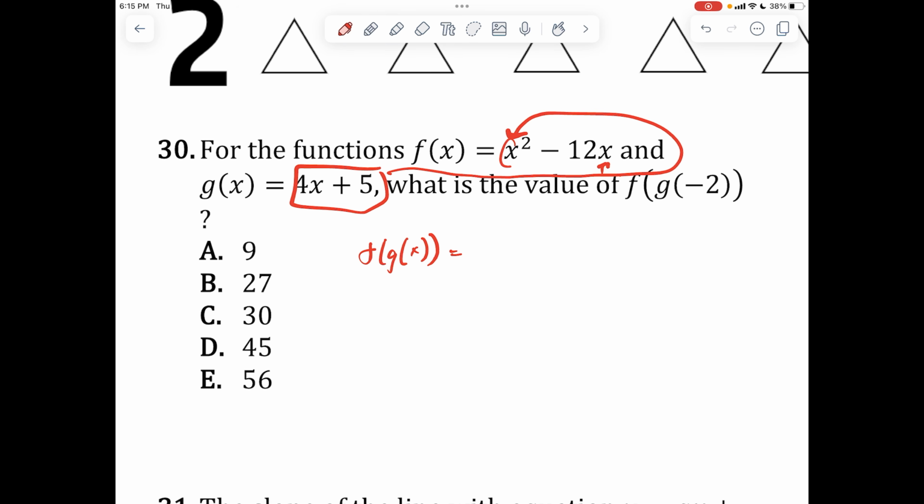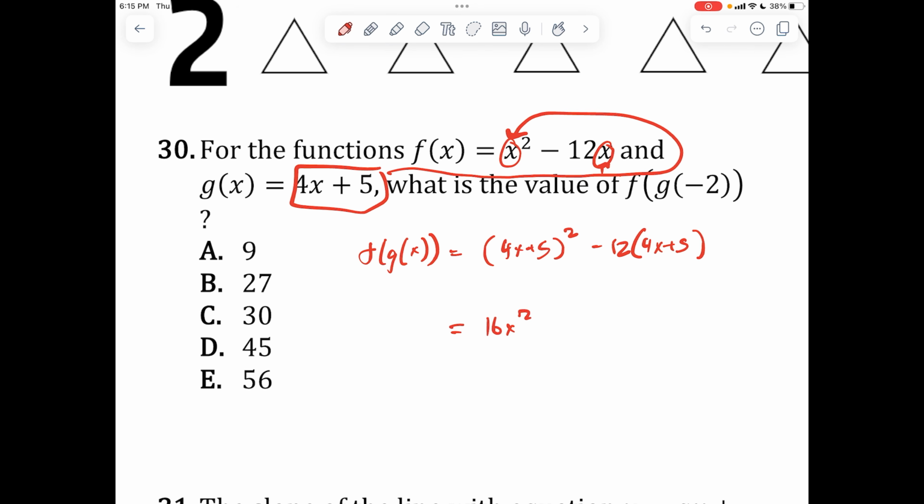So instead of x, I'm going to have 4x plus 5. And instead of x, I'm going to have 4x plus 5. Let's just write out what that looks like. It used to be x squared minus 12x, right? Now it's going to be (4x plus 5) squared minus 12 times (4x plus 5). And then you just simplify it. So it's 4x plus 5 squared.